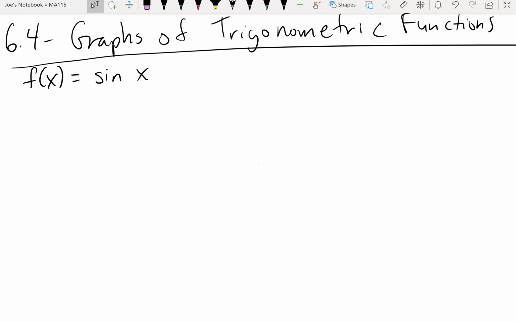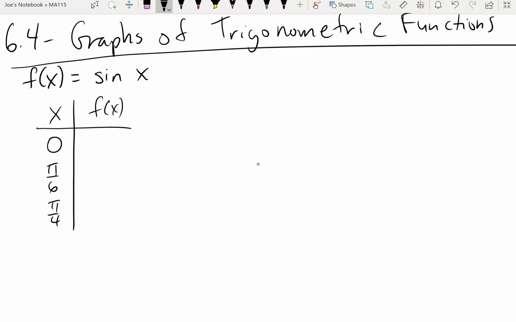I'm going to pick some good numbers for x to plug in because I want to be actually able to get some values out of this. So let's start with 0, pi over 6, pi over 4, pi over 3, and pi over 2.